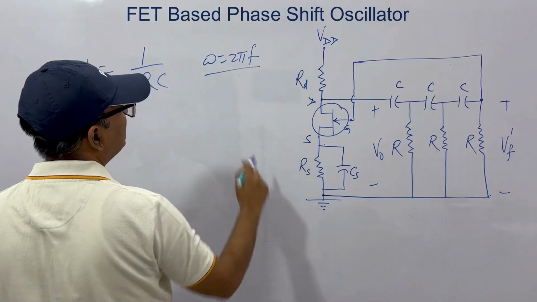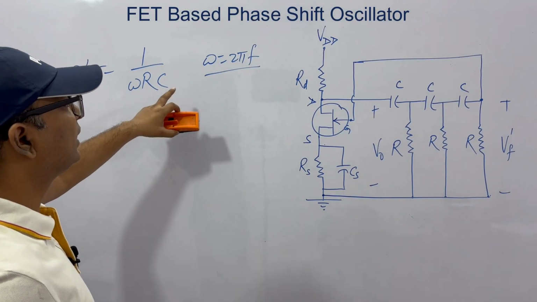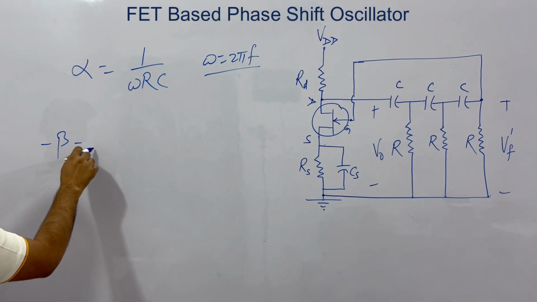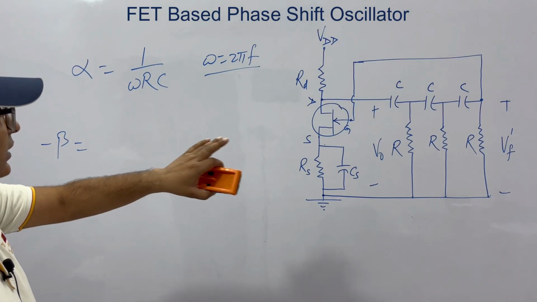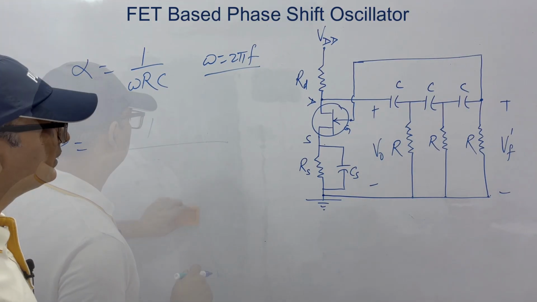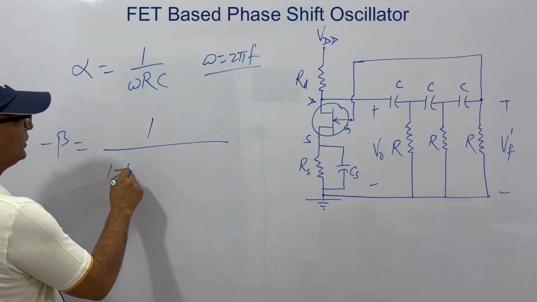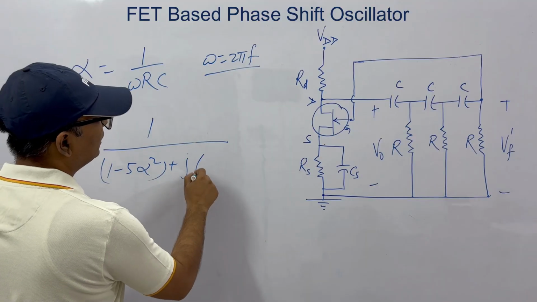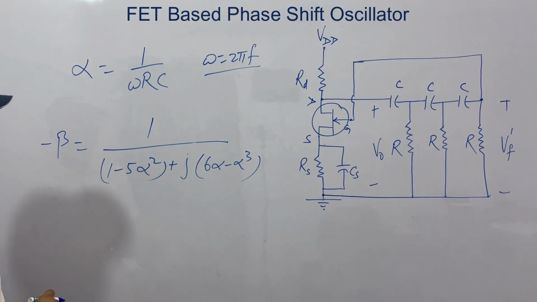This is the frequency of oscillation. So alpha is equal to 1 by omega RC. Now the feedback factor, this minus beta, is actually given for this network in terms of alpha as 1 by (1 minus 5 alpha squared plus j(6 alpha minus alpha cubed)). You should keep this in mind.